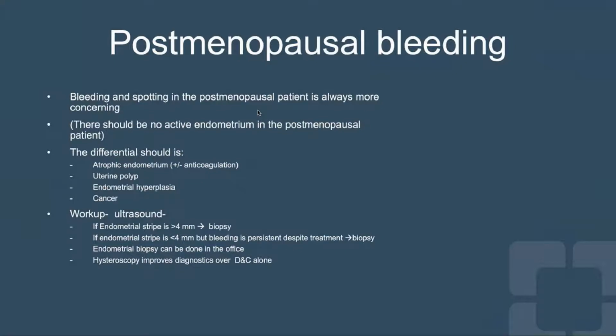Now, an endometrial hyperplasia and endometrial cancer are what we're looking for when we're evaluating postmenopausal bleeding.